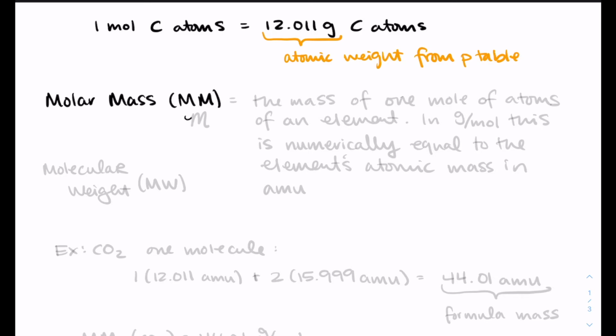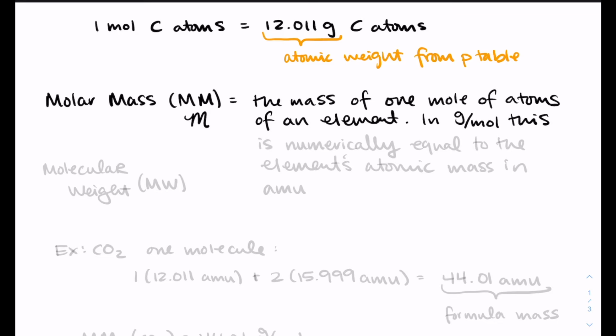The abbreviations, you'll either see two capital M's for molar mass, or maybe a fancy italicized capital M, or you'll see MW for molecular weight. Either way, this means the mass of 1 mole of atoms of an element. In grams per mole, this is numerically equal to the element's atomic mass in AMU.